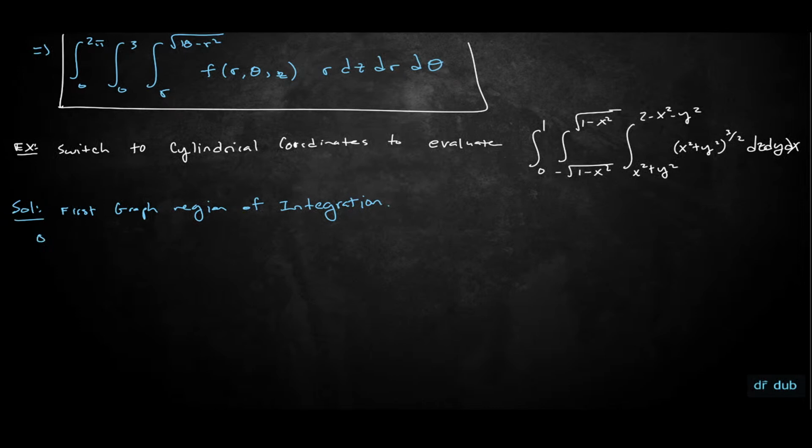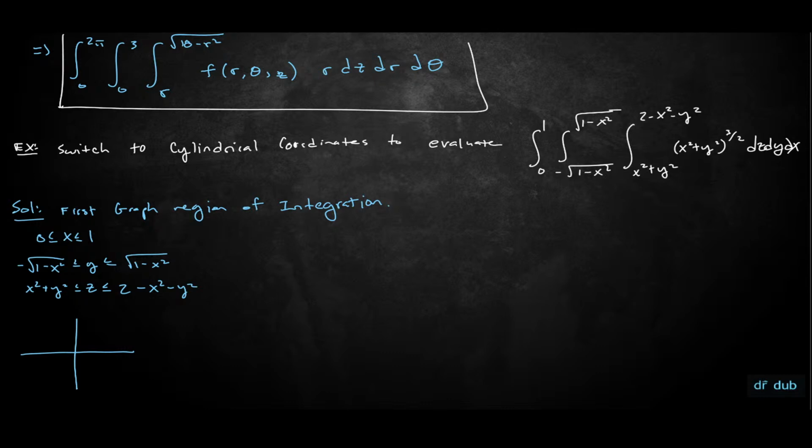The bounds are telling us that x is between 0 and 1. And then the y bounds are between negative square root of 1 minus x squared to positive square root of 1 minus x squared. And then z is going from x squared plus y squared to 2 minus x squared minus y squared. So what is this? Well, in the xy direction, we have x greater than 0, so between 0 and 1.